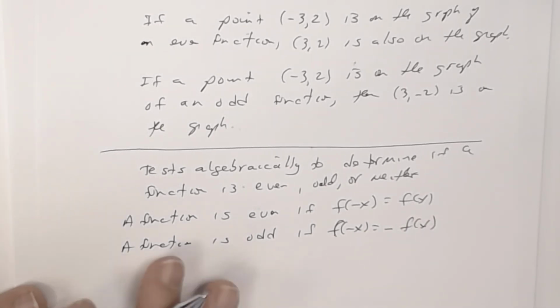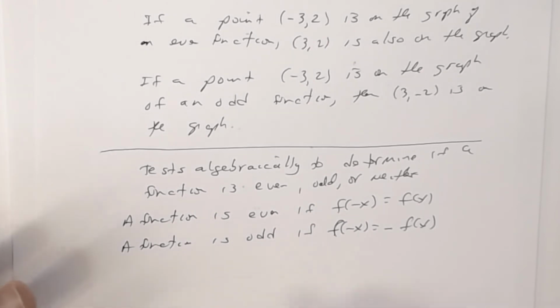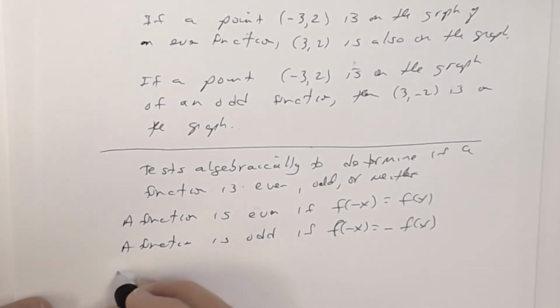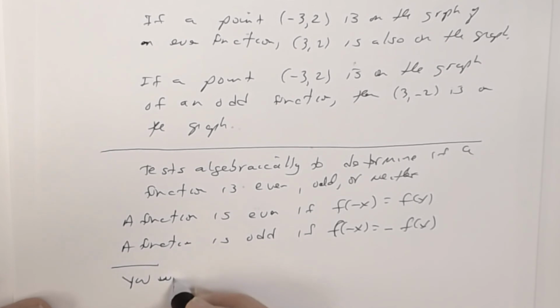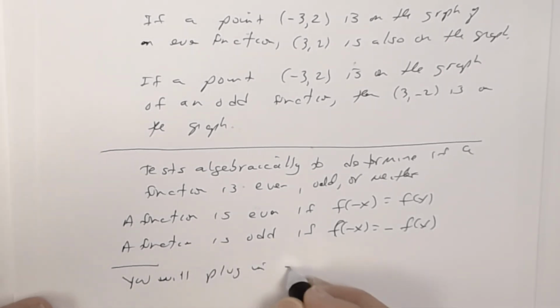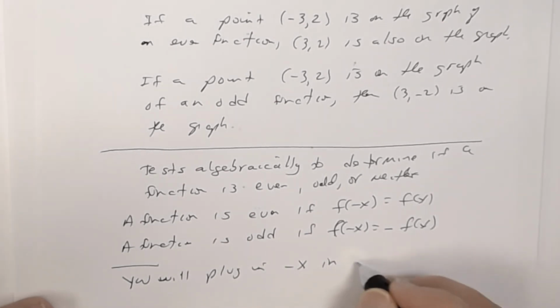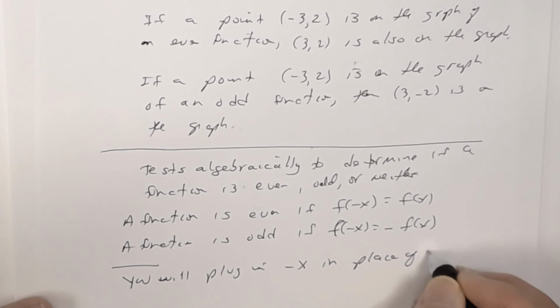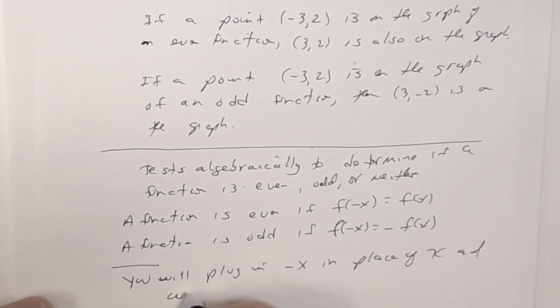Okay? And if none of this is true, then we say neither. Okay? So here's what you do. First thing you're going to do is plug in negative x in place of x and then work algebraically.